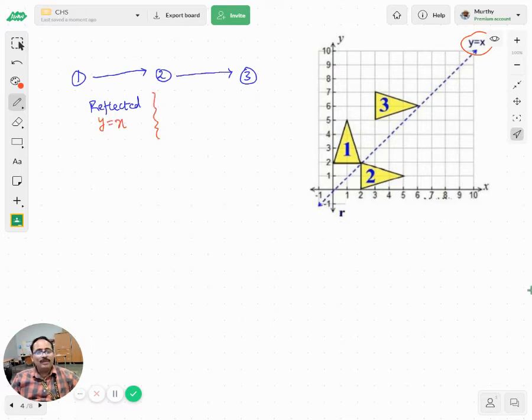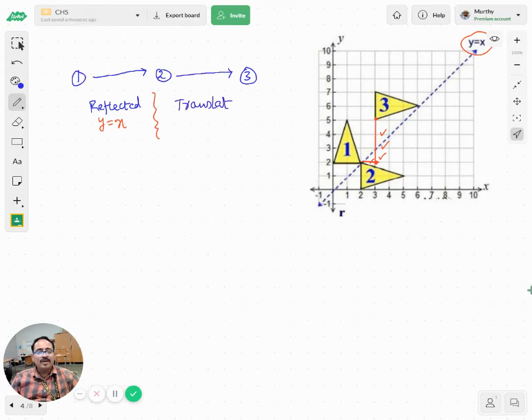And second one, if you see, then it is sliding by 1 block, and then it's going up. Do you see that? So this is sliding. You can see that it moved, then it's going up, right? So what you have to do is you have to check the number of blocks. So I can say that this is translated.